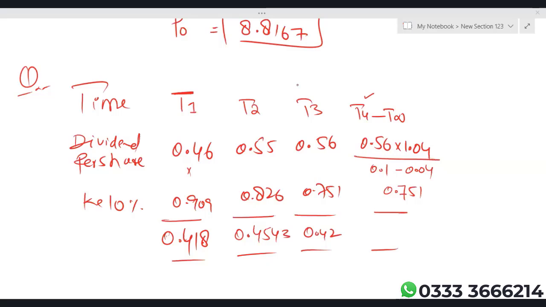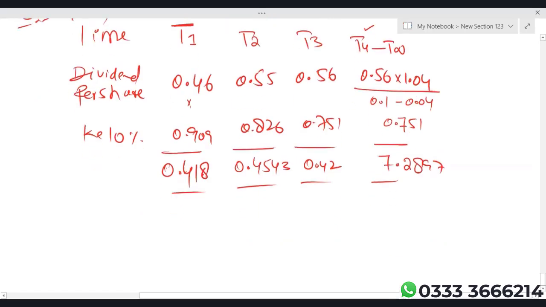Then 0.56 into 1.04 divided by 0.06 into 0.751. Students, here I am getting 7.2897. Then 0.418 plus 0.4543 plus 0.42 plus 7.2897. I'm getting the final answer 8.582.